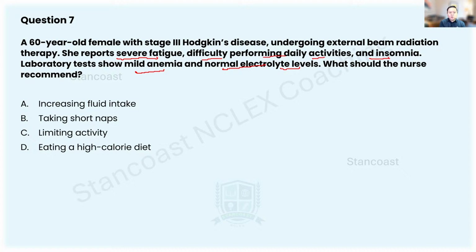The patient already has difficulty performing daily activities and severe fatigue, so the patient now is probably just exhausted. What do you think of a person that is already exhausted? Do you think they're still going to do a lot of activities? I doubt it, right? So, severe fatigue, difficulty performing daily activities, and insomnia. What do you think can help manage their severe fatigue?